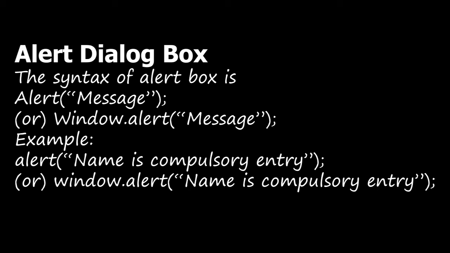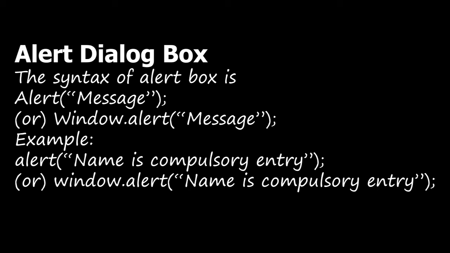If you are not giving the semicolon also, this line would be an error. Whatever you are giving inside the double quotes will be displayed in the output in that pop-up alert box, right?